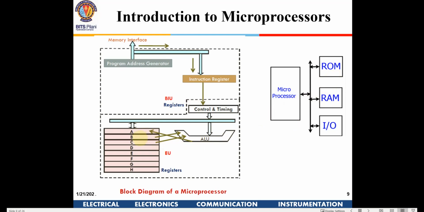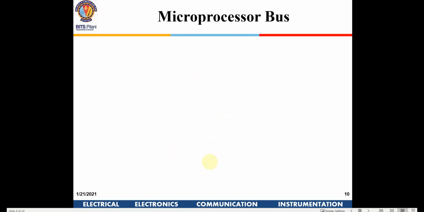Those data are generally brought into some registers, and from there it does the computation. You will also be able to store the data into the RAM and ROM from the ALU. So this is just showing that there are some registers also available. EU stands for the execution unit here. This is another block diagram which you will find in the textbooks.